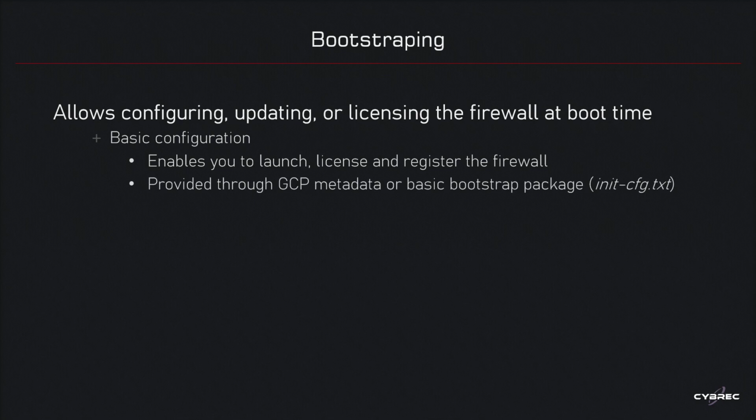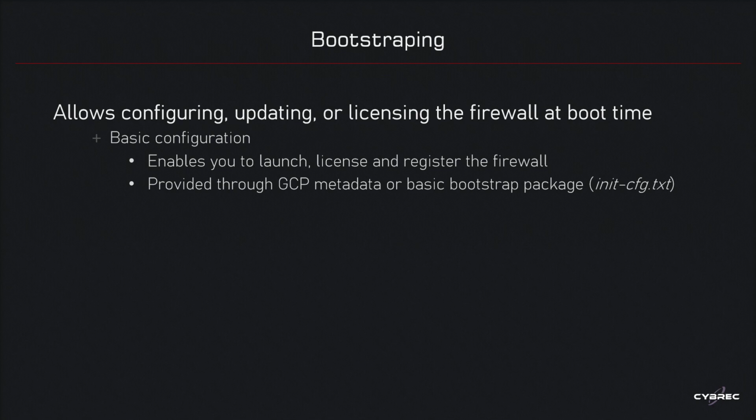This basic configuration can be provided through the GCP metadata, the fields we just saw under the deployment before we started installation. Or as an alternative, we can go for the init-cfg.txt file, or we can list this metadata inside.